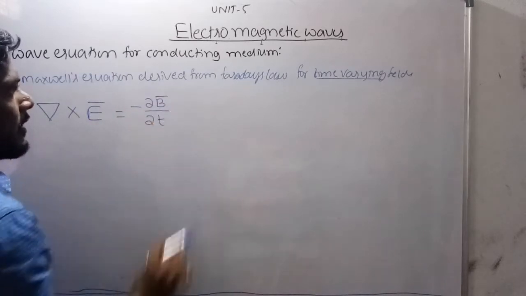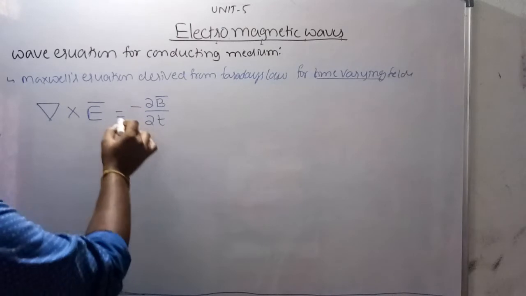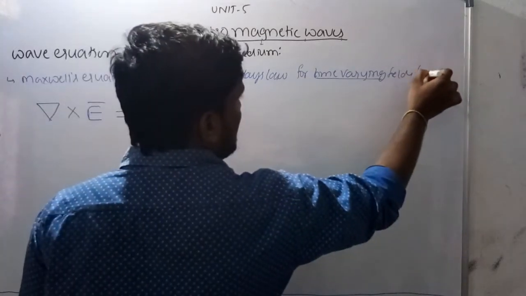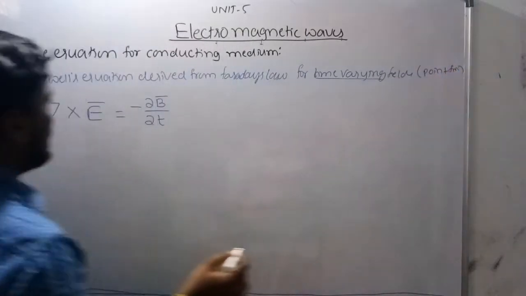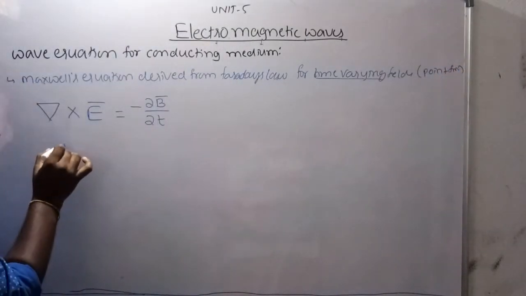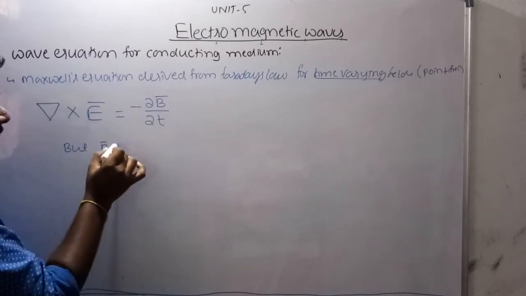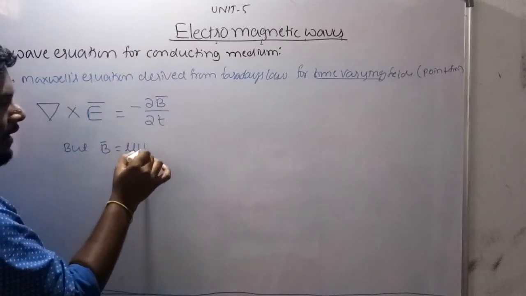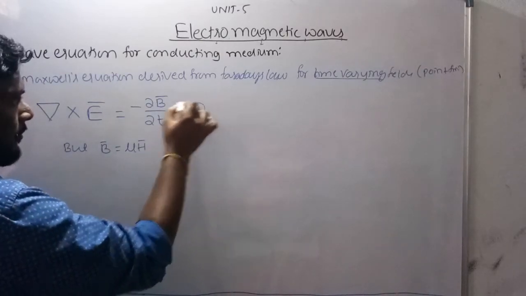This is the point form. Let us consider it equation number 1. But we know the relation between B bar, the magnetic flux density, and H bar, the magnetic field intensity.